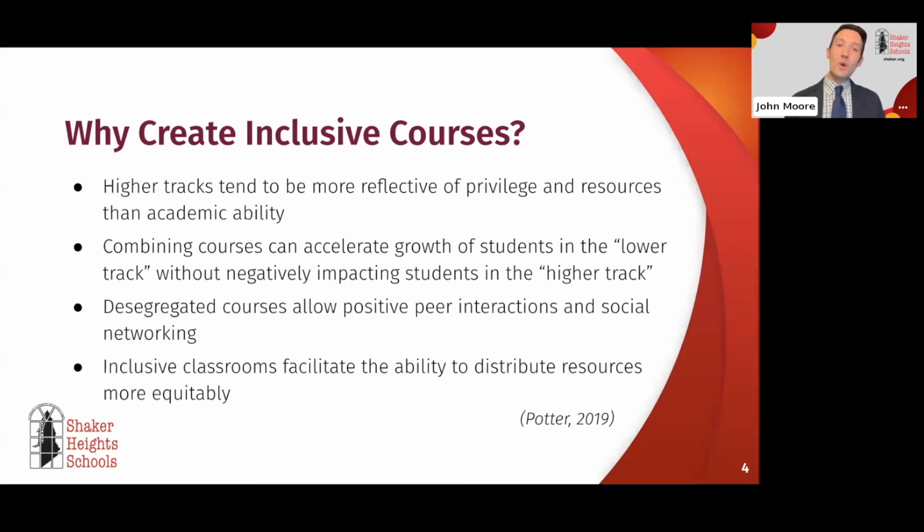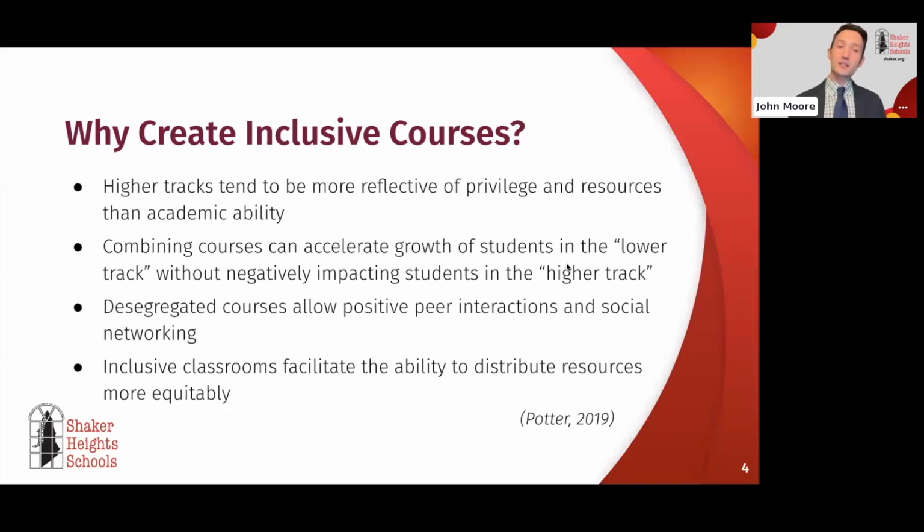Another idea, when we combine courses, or in Shaker's case, level up, what can often happen is that students who were previously in the lower track, or what we might have called a core class, they grow exponentially without negatively impacting students who were previously on the higher track. There's also evidence that once you've desegregated those courses, more positive peer interactions and social networking occur, which speaks directly to our key performance indicator around a sense of belonging.